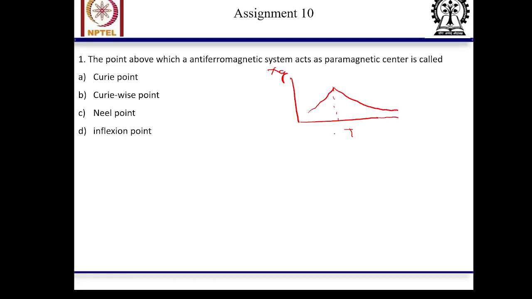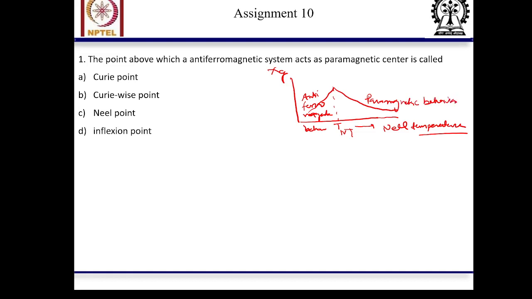So this is the TN, which is called the Neel temperature. This is the antiferromagnetic behavior, and above it is nothing but your paramagnetic behavior.